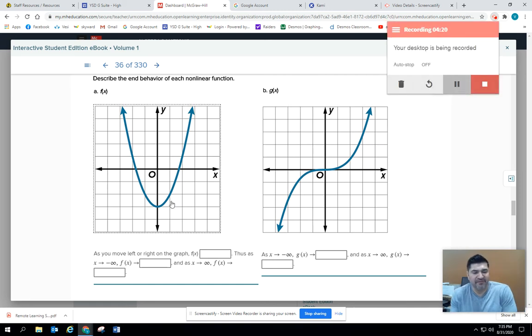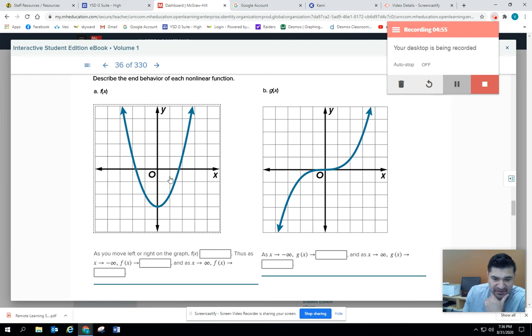Okay, sorry about the confusion. I'm not really liking too much how they phrase this question, because it says as you move left or right on the graph, what's f of x doing? Well, if you start here and you move to the right, it's decreasing.